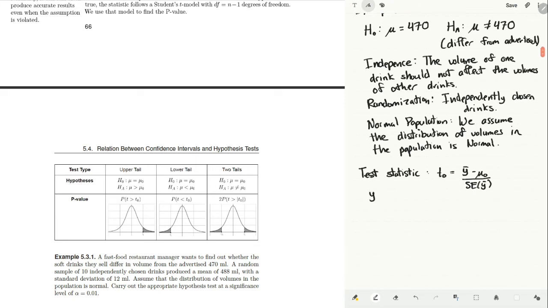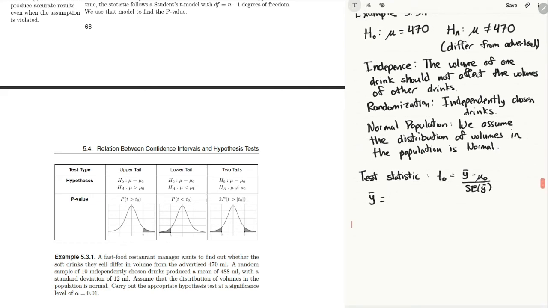So we're given that the sample average is 488 milliliters. The standard deviation is 12 milliliters, and we have a sample of 10 drinks.